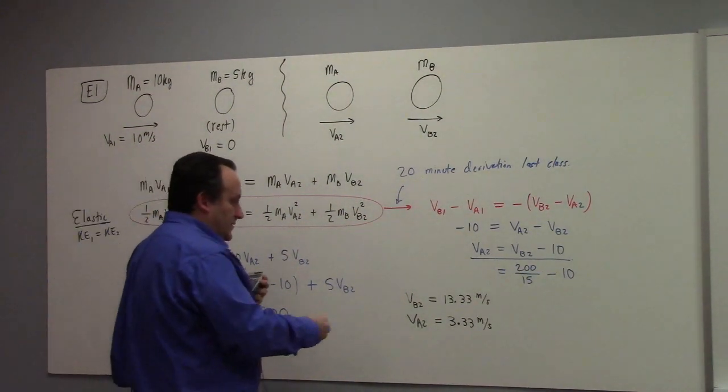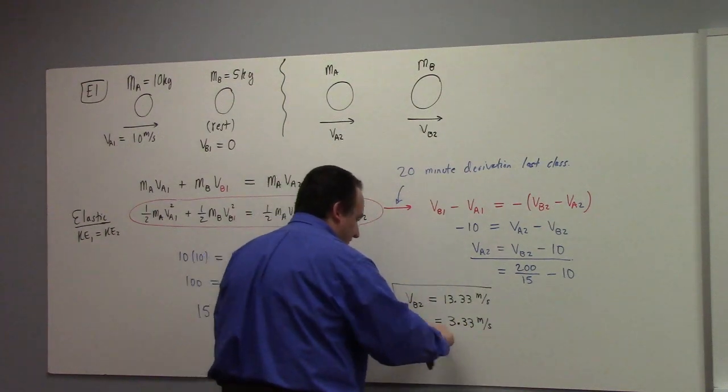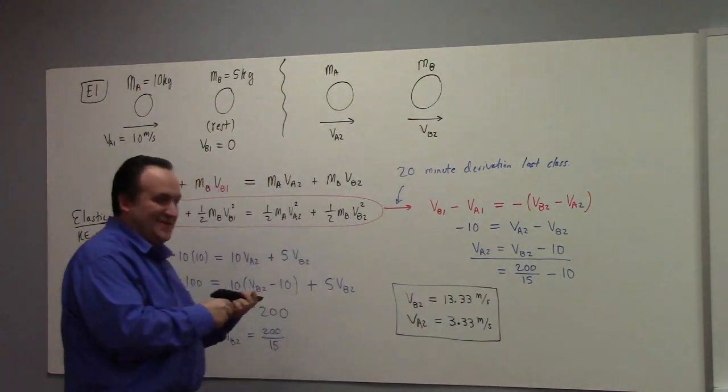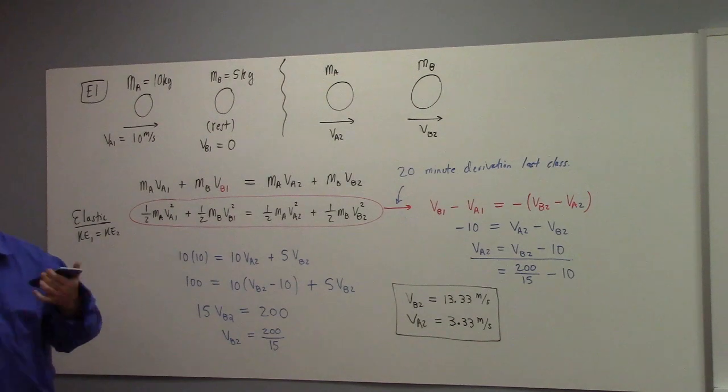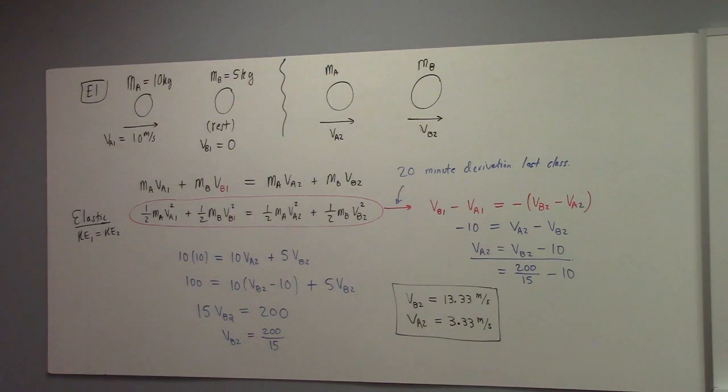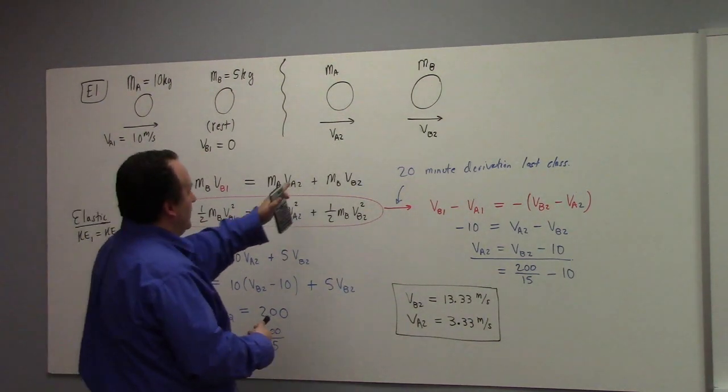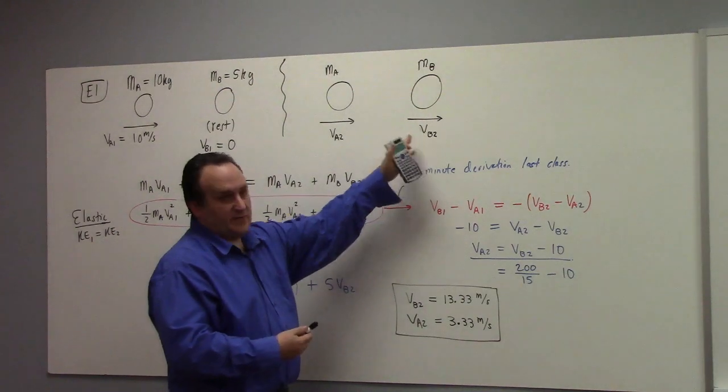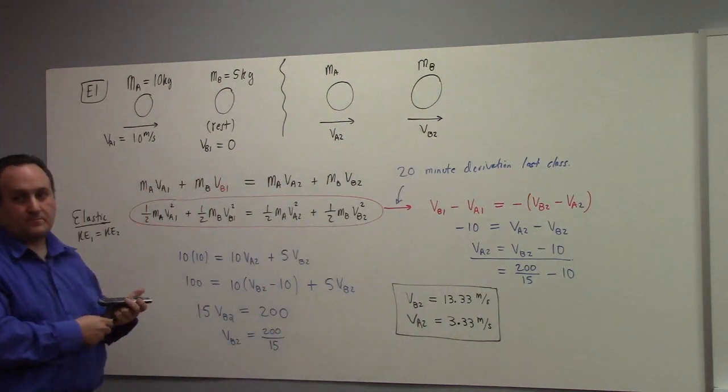So there you go. That is why I was not successful in just randomly making up an example at the tail end of that derivation. I had to do this algebra to find out what's even possible for the final velocity of this one or this one after the elastic collision.